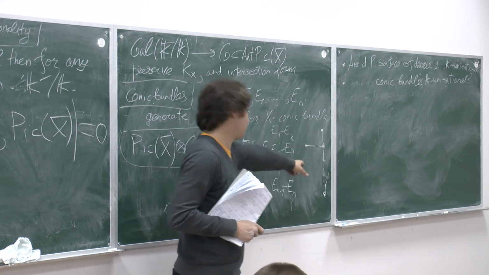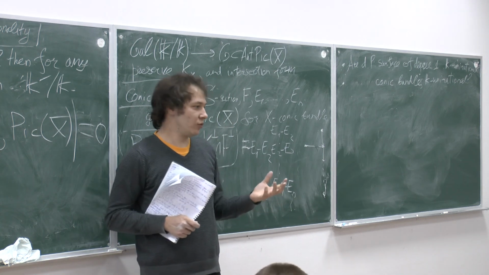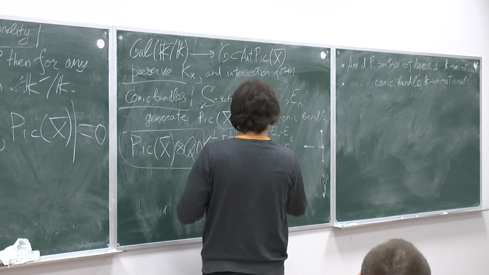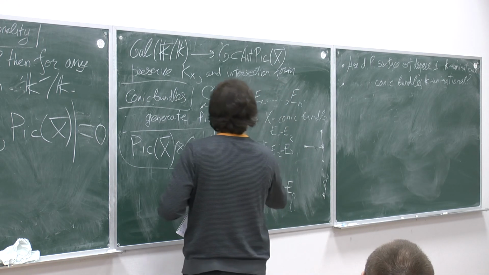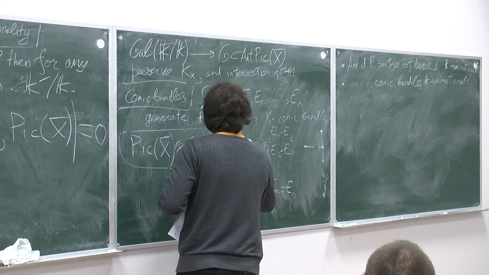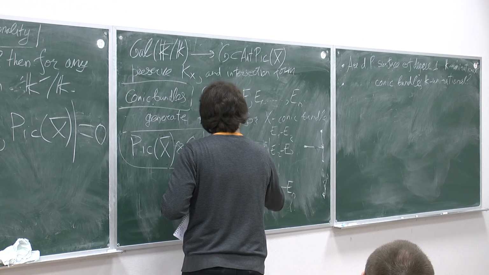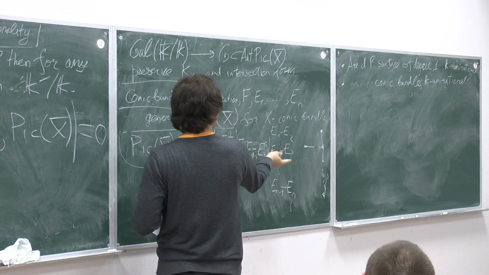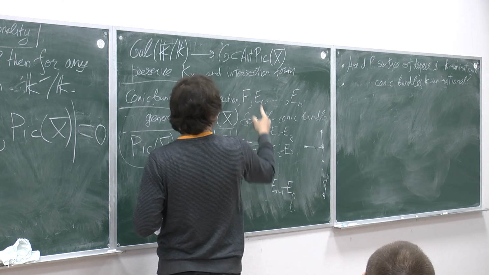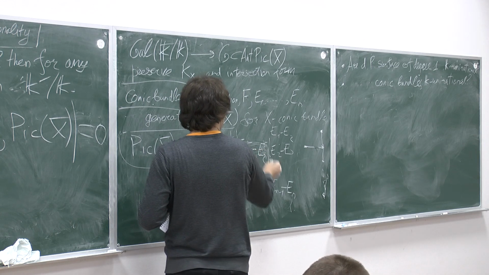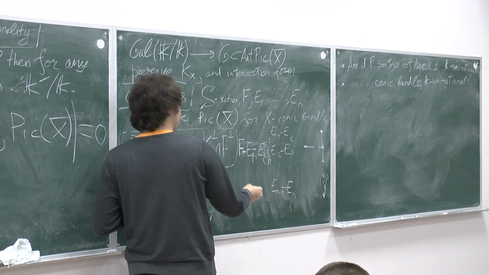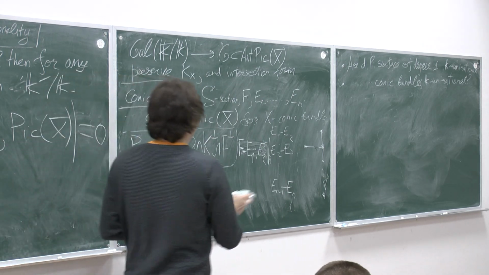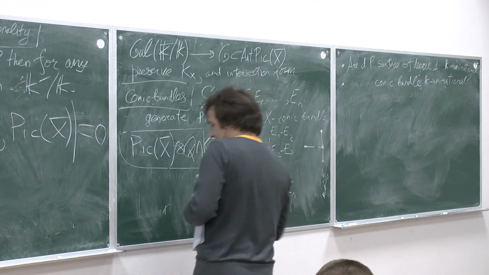So what do we see in this picture? Here is F minus E1 minus E2. So you see, the square of F minus E1 minus E2 is 0, and E1 square and E2 square are minus 2. Well, I think I should erase it and write it.